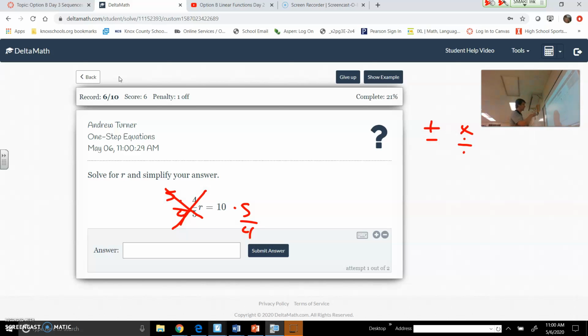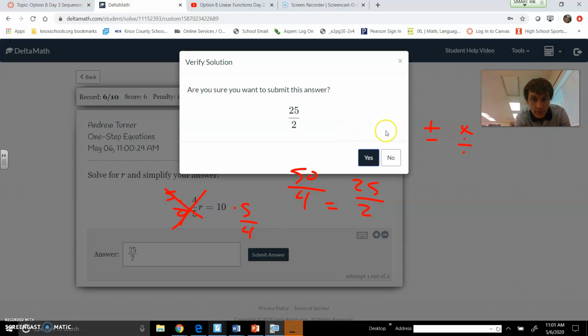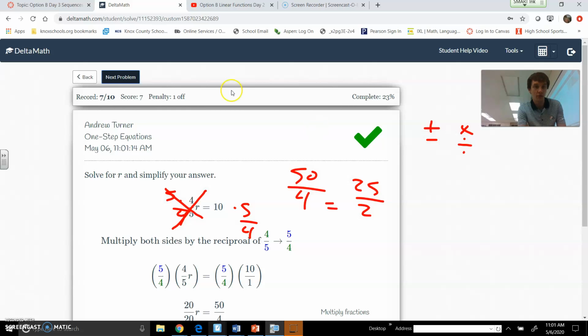So instead of 4 over 5, it's 5 over 4. And so 10 times 5 would be 50, and 50 divided by 4. Don't think that goes into it perfectly, but it does simplify to 25 halves. So let's see what it likes for that one. 25 over 2. And we're good to go.